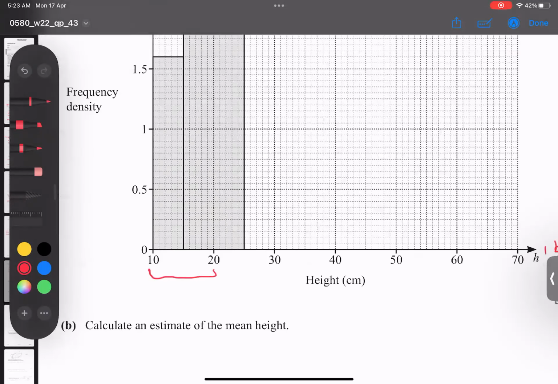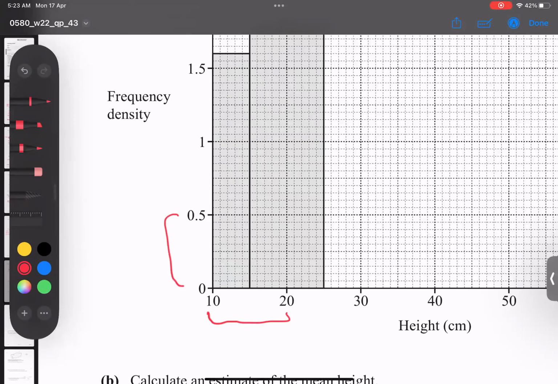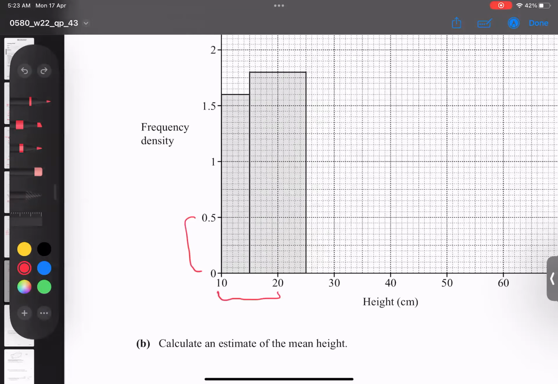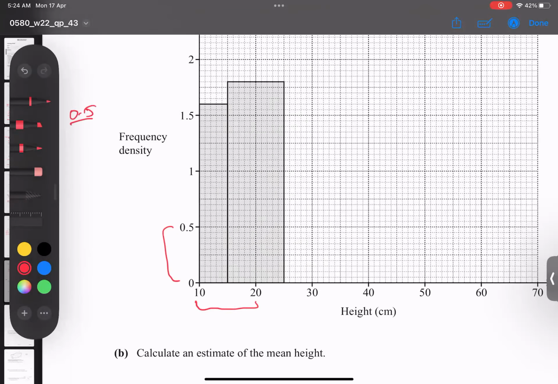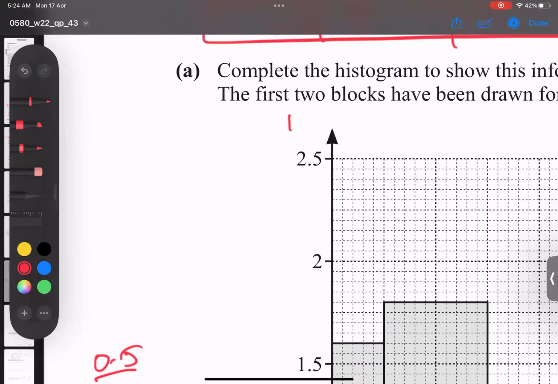Same along the y-axis, what is this difference? 0.5 minus 0 is 0.5, and 0.5 divided by how many boxes from here to there? 10 boxes. If I check it, it becomes 0.05. So here I'm writing one box equals 0.05. And in the same way I can say two boxes is equal to 0.1.